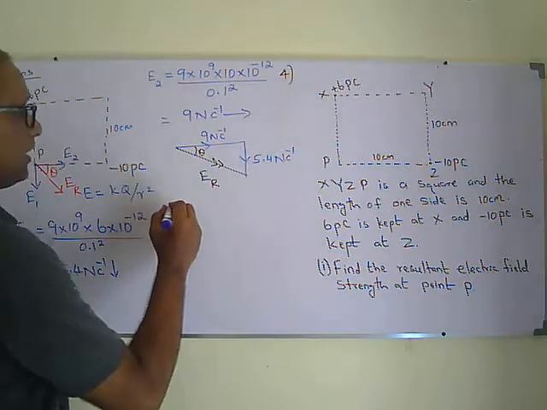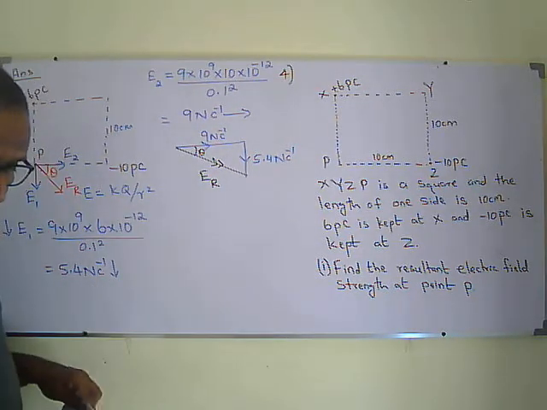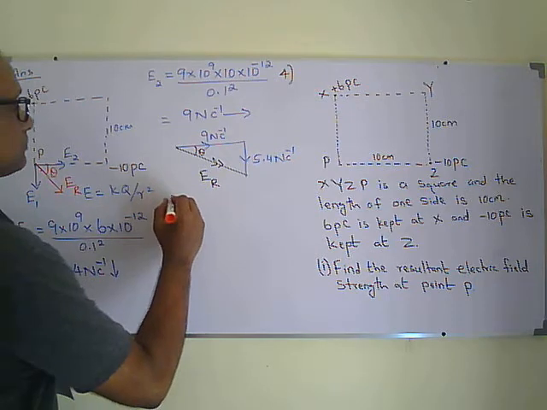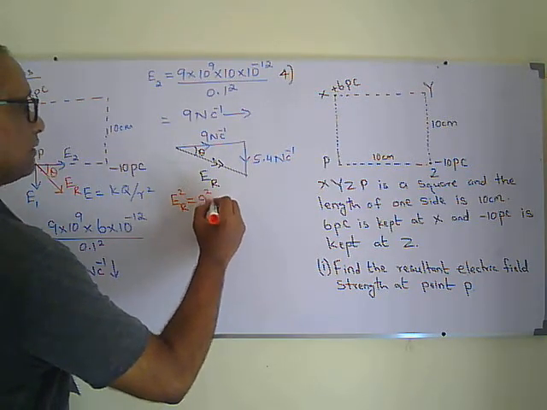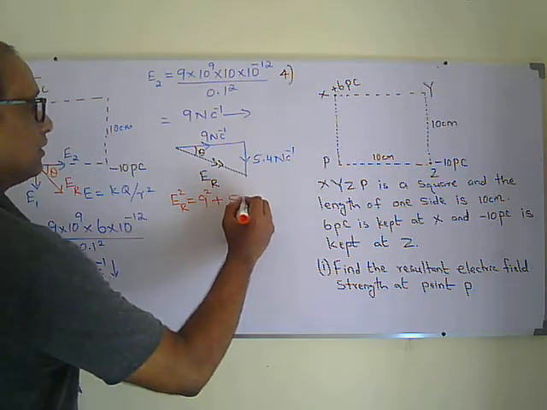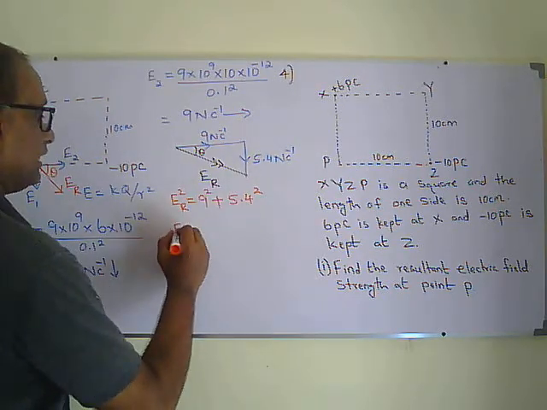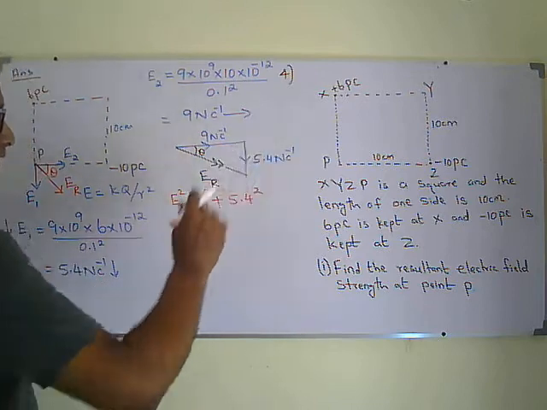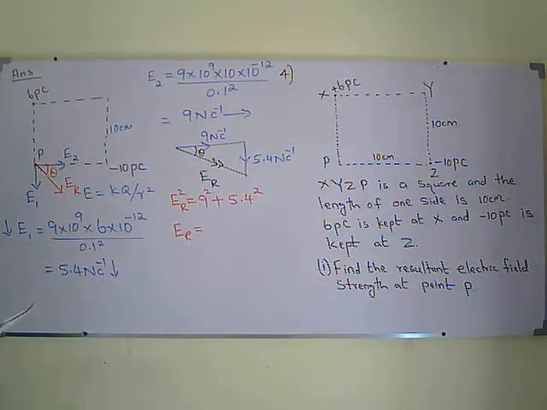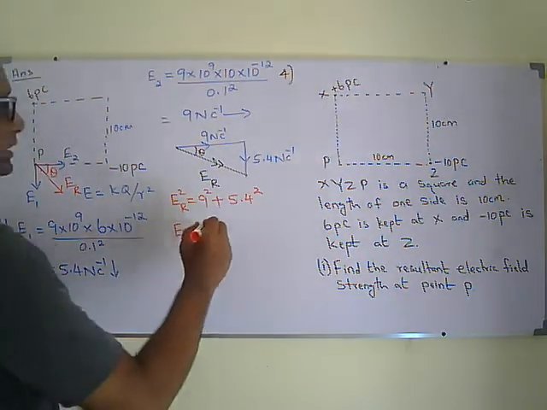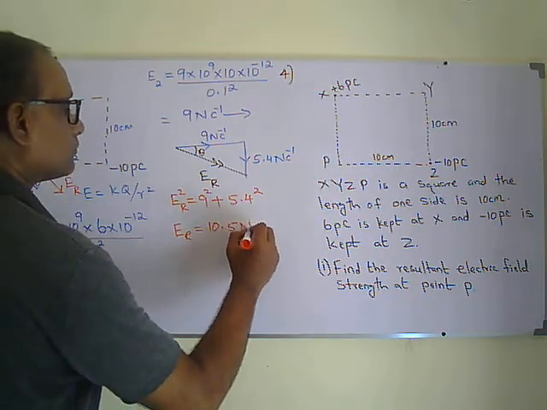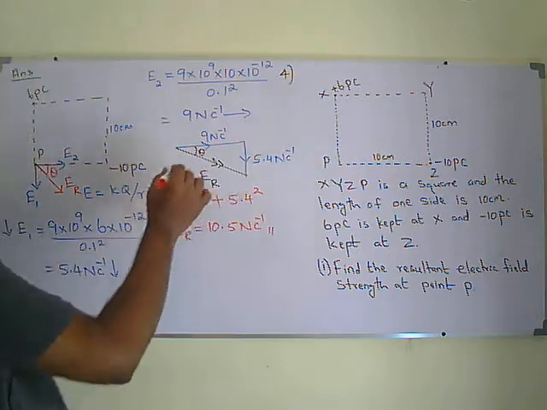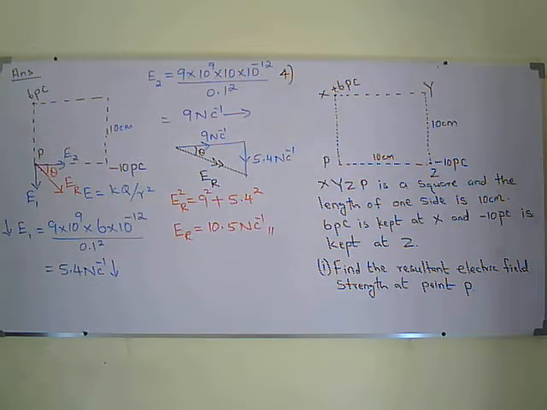Now I can use Pythagoras theorem. ER squared equals 9 squared plus 5.4 squared. Take the square root of it, and you will get ER as 10.5 Newton per Coulomb. I need to find the angle, so I can use trigonometry.